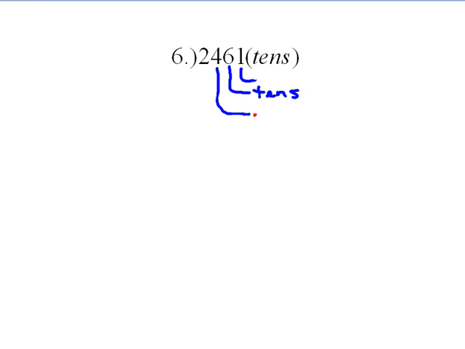This we know as the hundreds column. Now be careful that we don't use the TH because that's below the decimal point. Right now we're just going up. Unit, tens, hundreds, and what is this one? We know that as thousands.